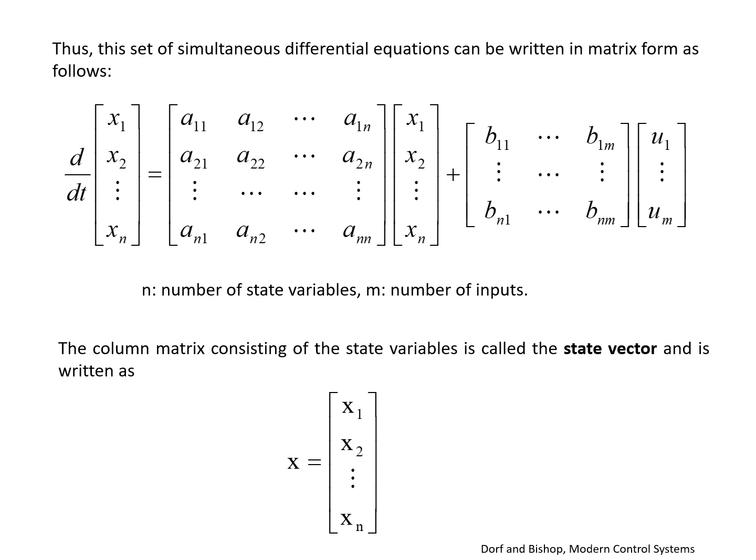The coefficients are a11, a12, etc. up to a1n, and till ann you have this coefficient matrix, and this is your state vector matrix with variables x1, x2, x3, etc. up to xn, with the coefficients of b and the input u. The column matrix consisting of the state variables x1, x2, x3 is considered as your state vector, which has the variables x1, x2, x3, which are nothing but our state variables.